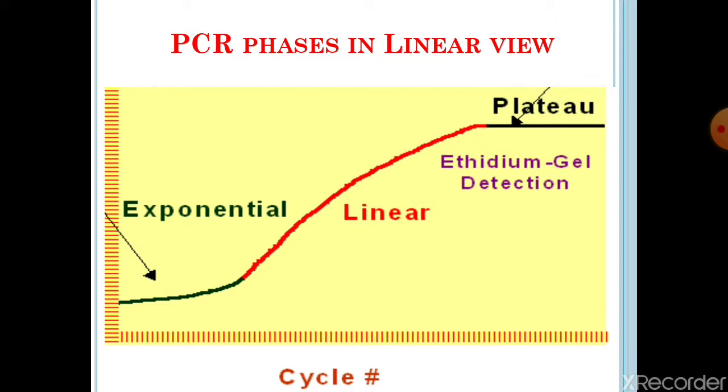Again, the green part is the exponential phase, the first phase, followed by the linear and ultimately the plateau phase. In the plateau phase, in the traditional techniques, we do the estimation, the detection, whereas in real-time PCR we do the detection in the exponential phase only.